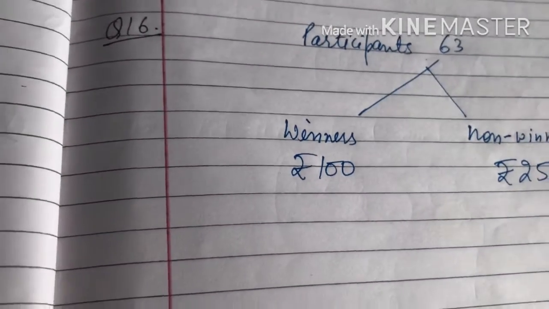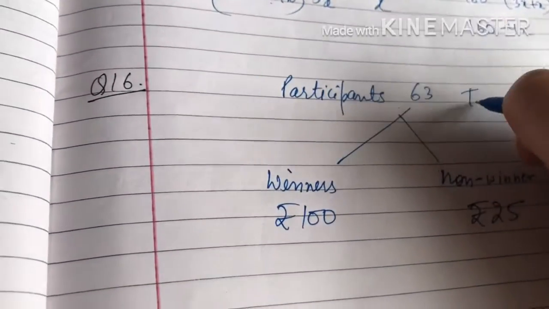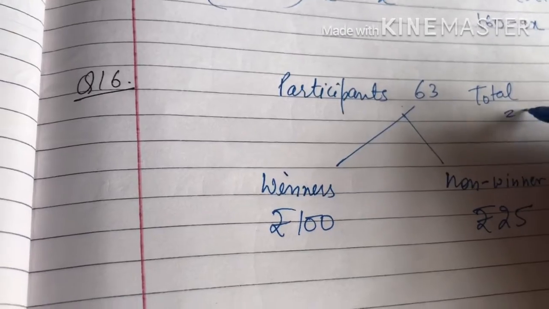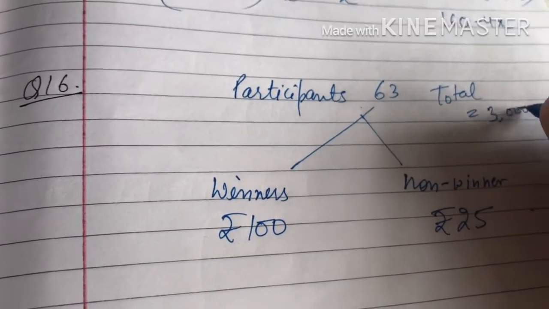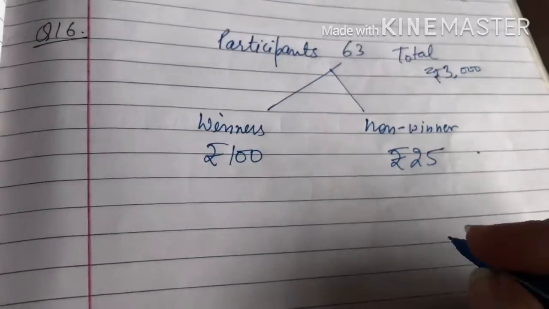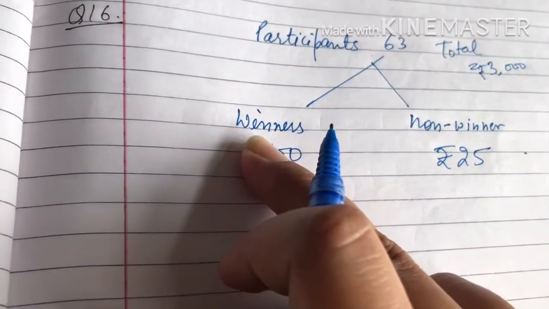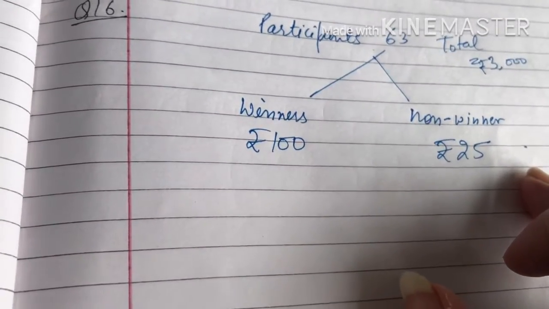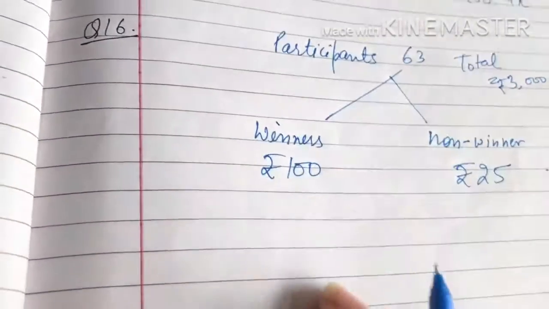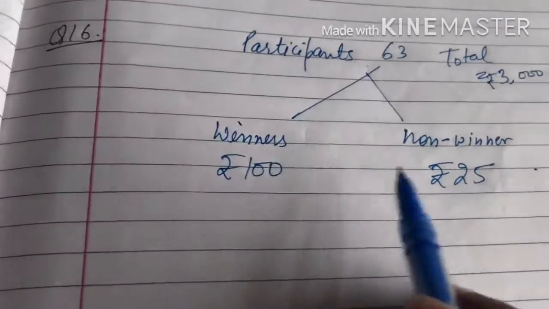The total amount distributed is rupees 3000, and for these rupees 3000, winners are getting and non-winners are also getting.